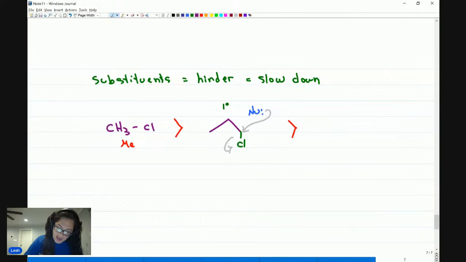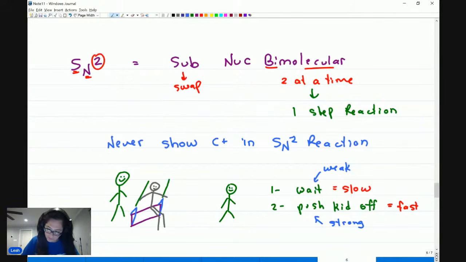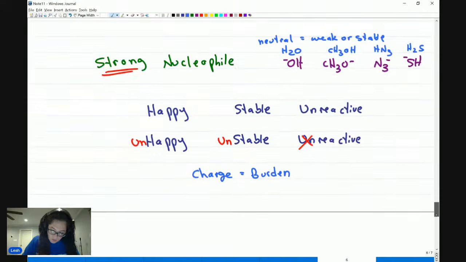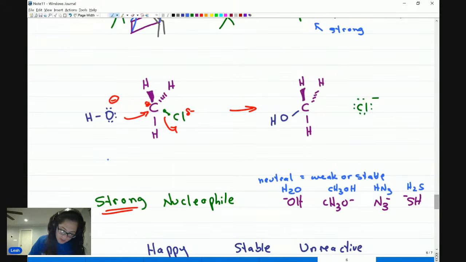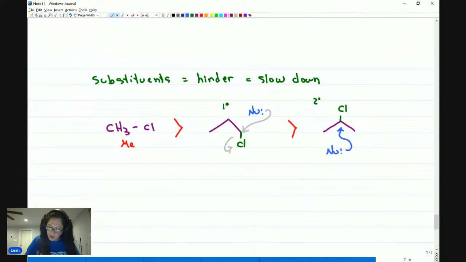Same thing with the secondary in that it's slightly slower, and that is if I now put my chlorine at the secondary position. Now we still have to find a way to get the nucleophile in from the other side. It will come in with a backside attack. This is called a backside attack. I don't know if I mentioned that word before. Where did I draw it? Right here. This is called a backside attack. And when the nucleophile comes in, the chlorine gets kicked out.